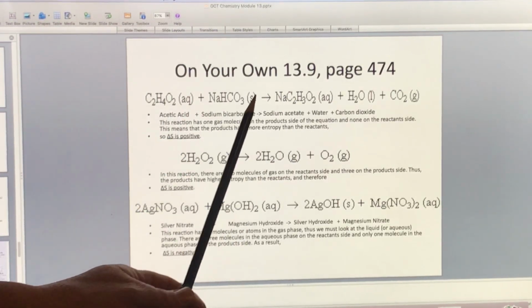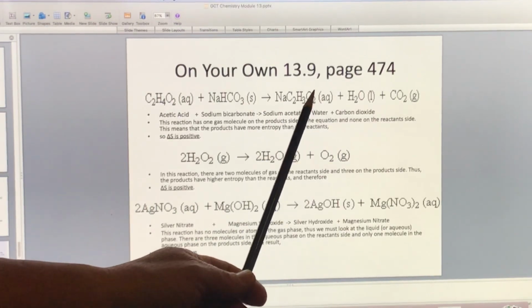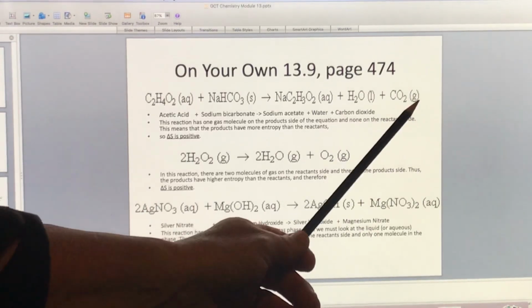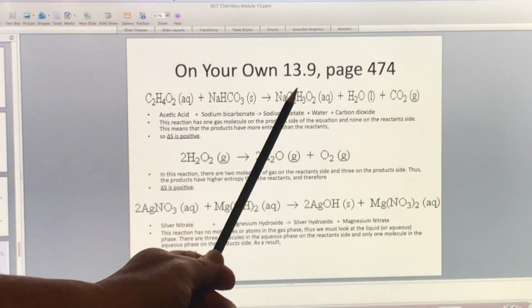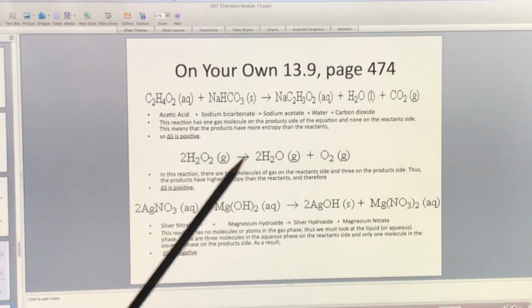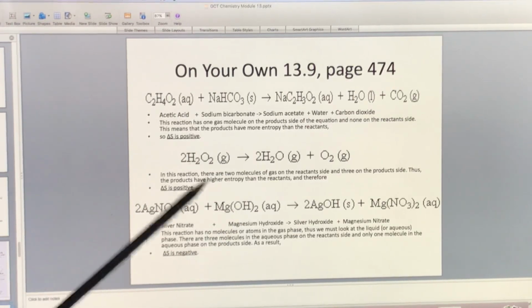We have aqueous and solid, yielding sodium acetate in the aqueous phase, a liquid, and a gas. So since we have gas over here, we're tipping the scales with the higher entropy in our products. So it goes from low to high, and that's a delta S that's positive.